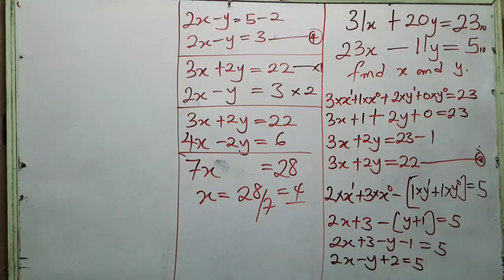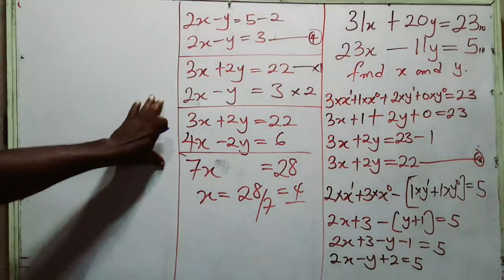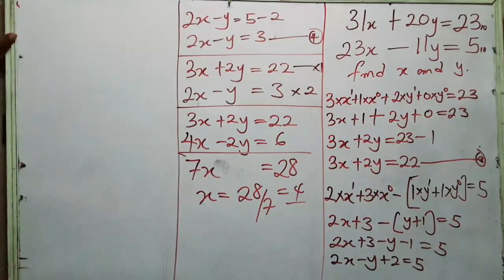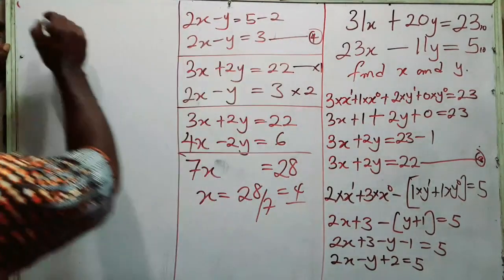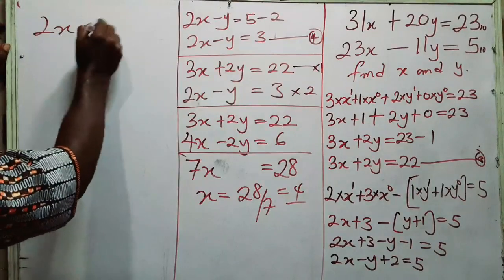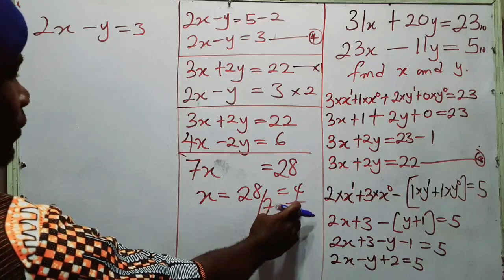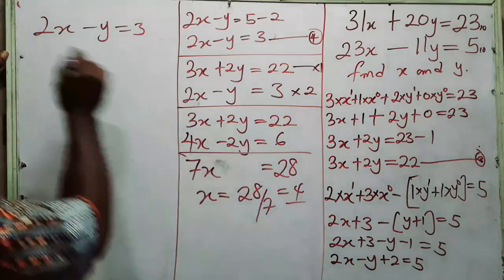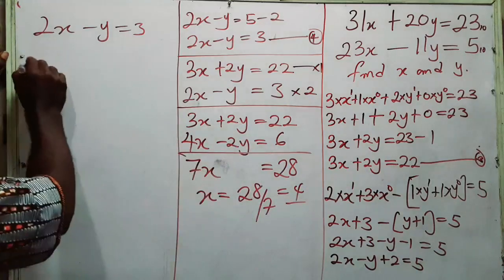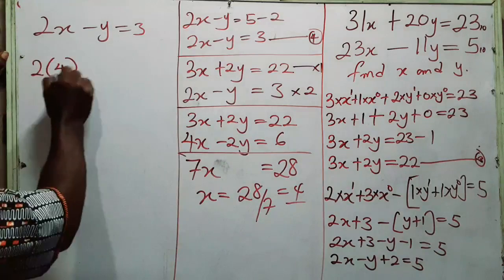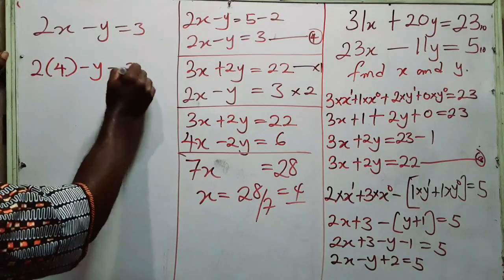So we go back again to find the value of y from any of these equations. You can pick equation 4, that says 2x minus y is equal to 3, and we know the value of x is 4. We have 2 times 4 minus y is equal to 3.